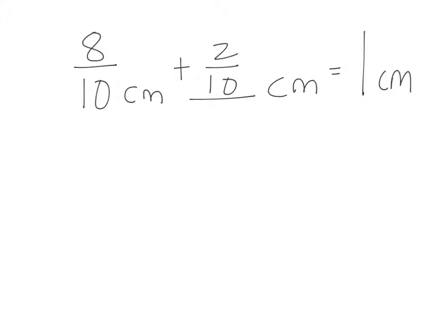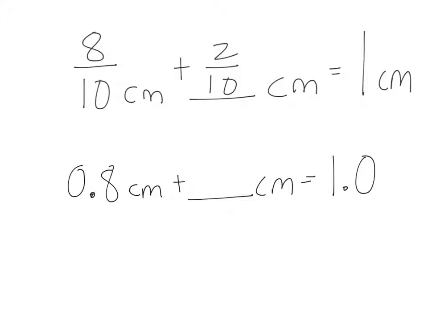If we were writing this as a decimal, I would have 0.8 centimeters plus some number of centimeters equals 1 whole centimeter. If I already have 0.8, I can also think of this as dimes. Think of that as 80 cents. How many more cents would I need to get to that 1 whole? My answer as a decimal would be 0.2 centimeters.